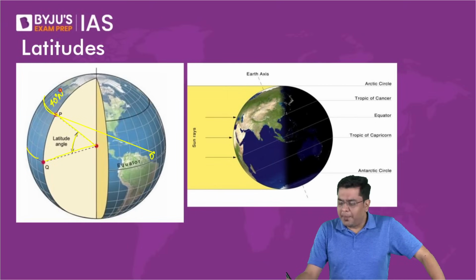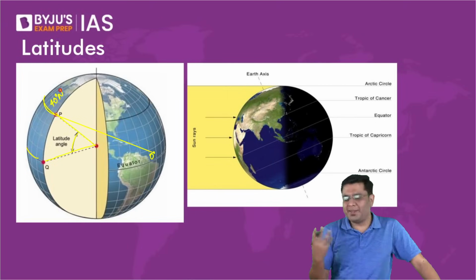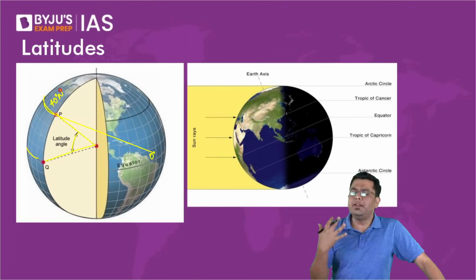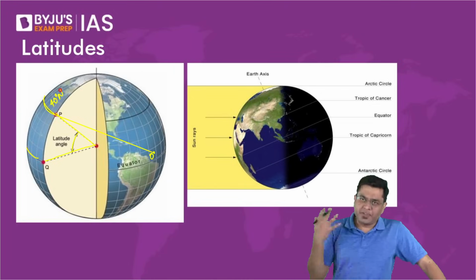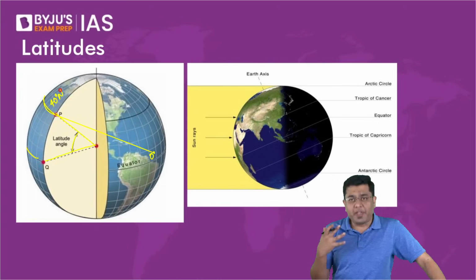The asteroid belt is basically a group of asteroids or planetesimals which move between Mars and Jupiter, and they have been present there ever since the time of the formation of the various different planets itself. So these are those pieces which have not materialized into any kind of planet.